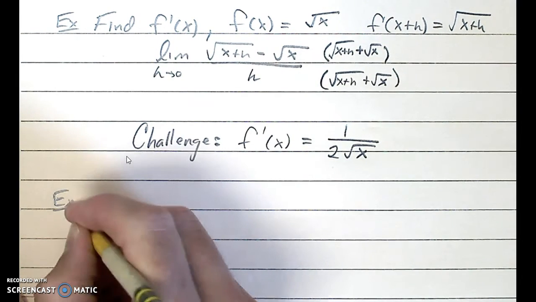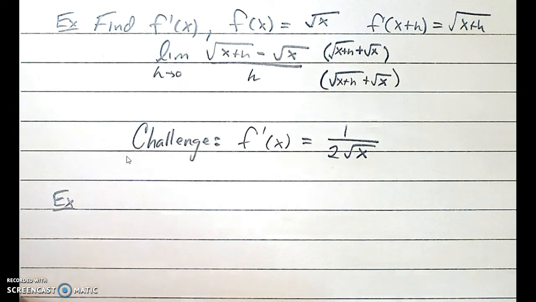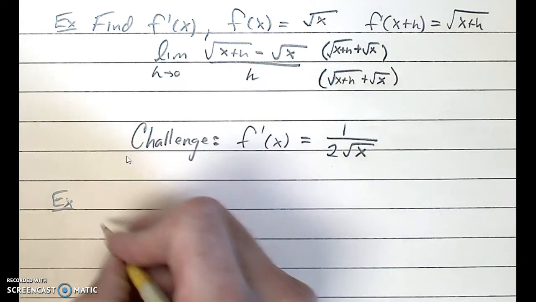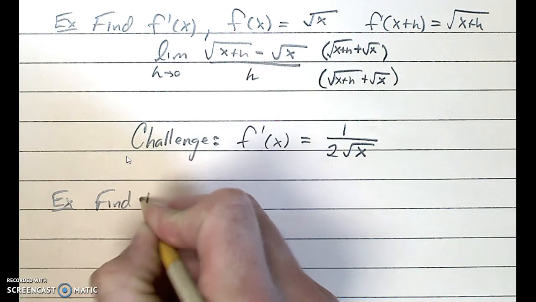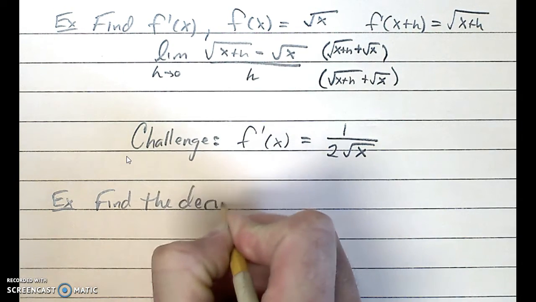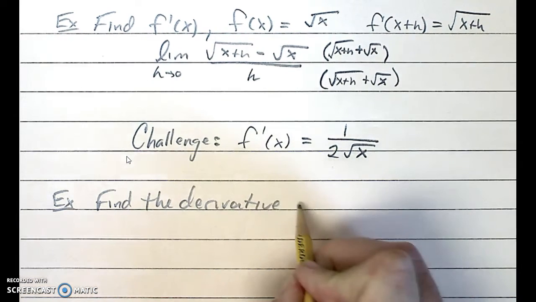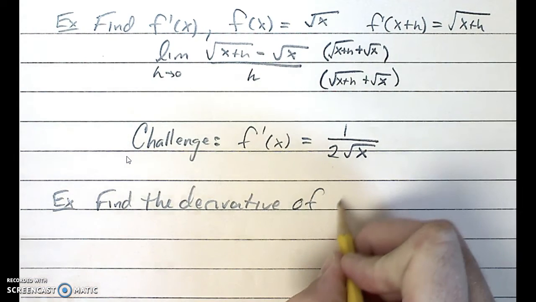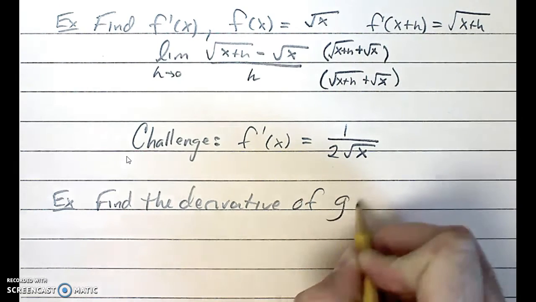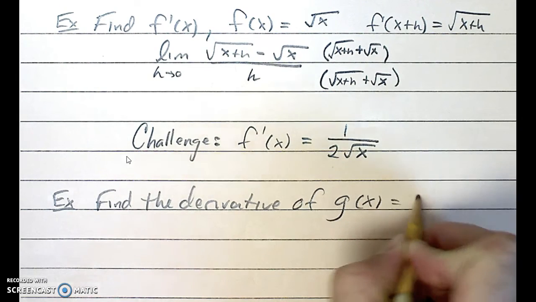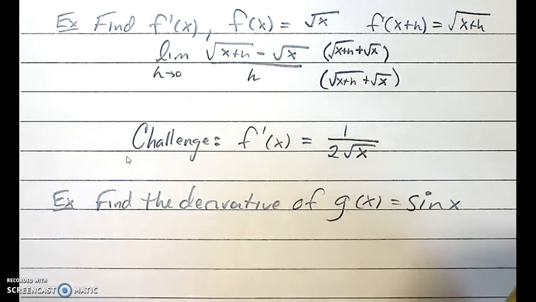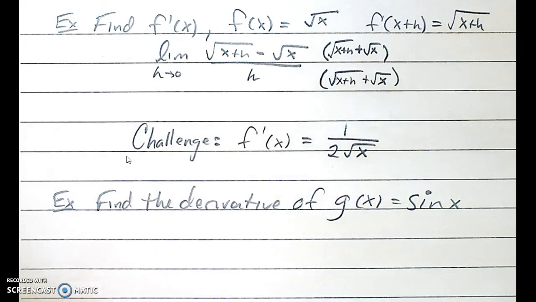The second challenge, and I will give you a hint, you need to use a trig identity, is to find the derivative of sine x. So let's say g of x equals sine x. Okay.